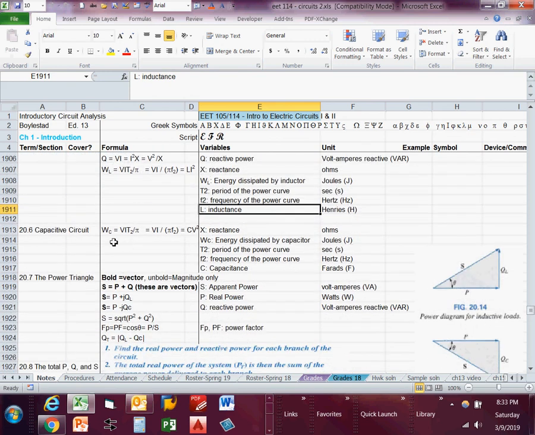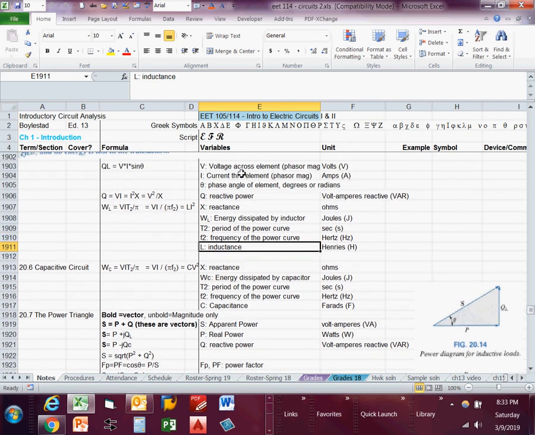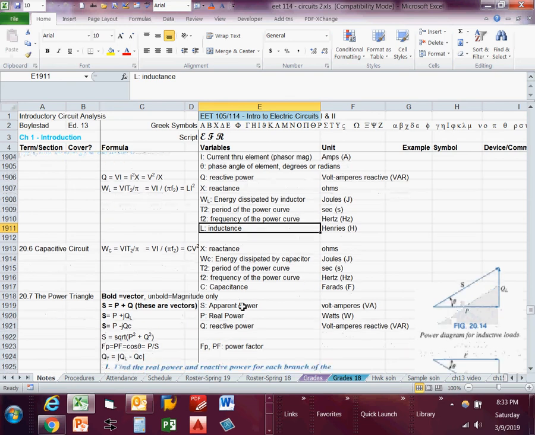In a capacitive circuit, it's very similar. VIT divided by pi, VI divided by the quantity pi times the frequency, equals C V squared, where V is again the voltage across the element, C is the capacitance, W is the energy dissipated by the capacitor, T is the period, F is the frequency.